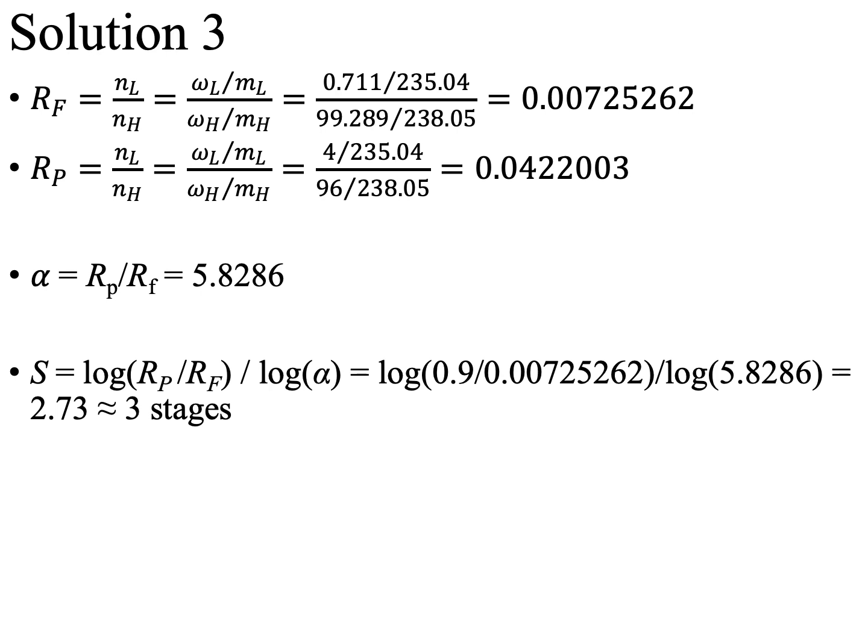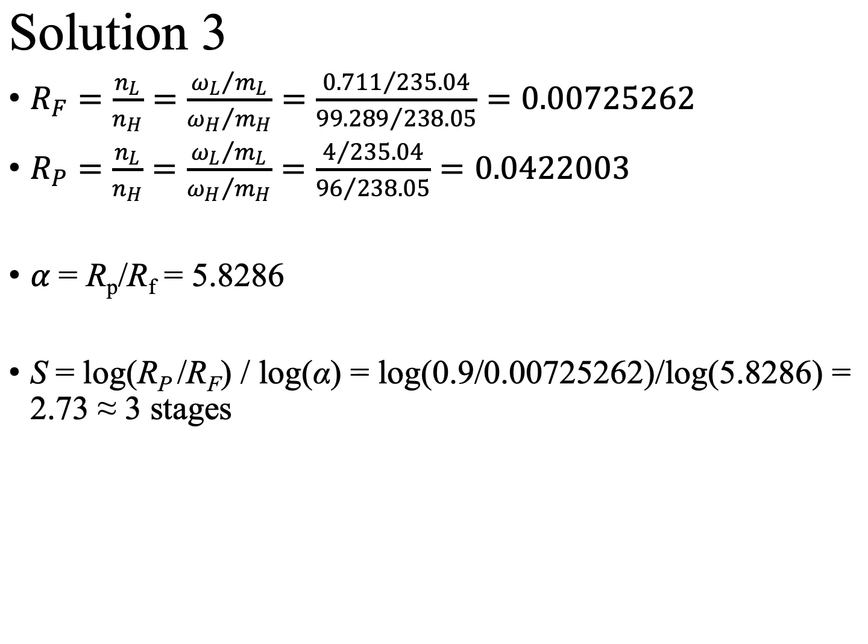Next one. If this method is used to produce highly enriched uranium with abundance ratio of 90%, how many stages are needed? So here it means that if we use this one to continuously increase the enrichment, increase the abundance ratio until it reaches 0.9, how many stages are needed?